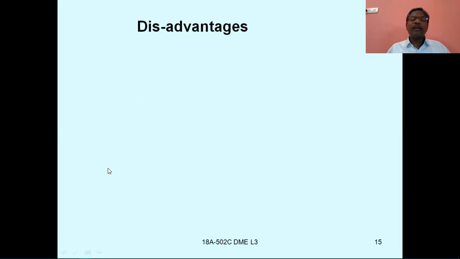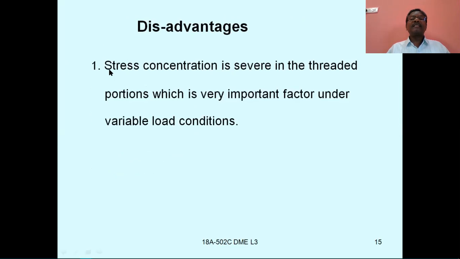Similarly, along with the advantages, for everything there are some disadvantages. The disadvantages of screw joints: number one, stress concentration is severe in the threaded portions, which is a very important factor under variable load conditions, just like in IC engines.